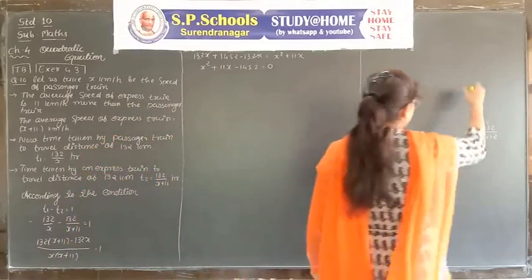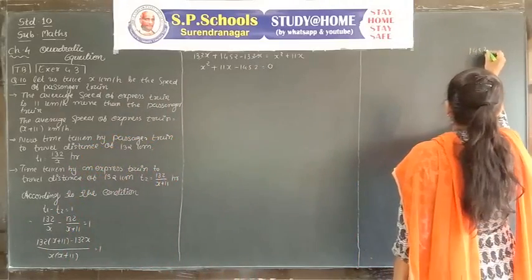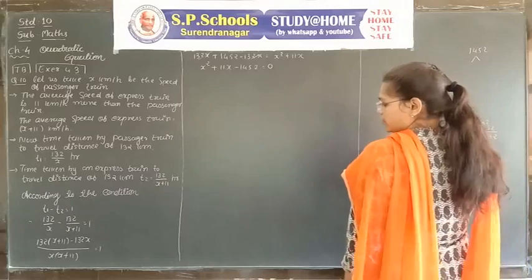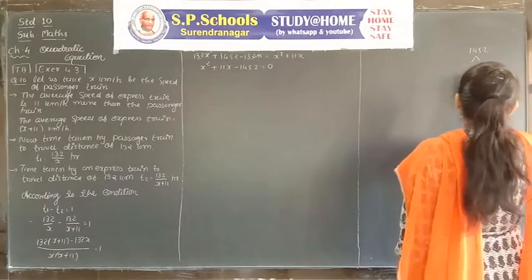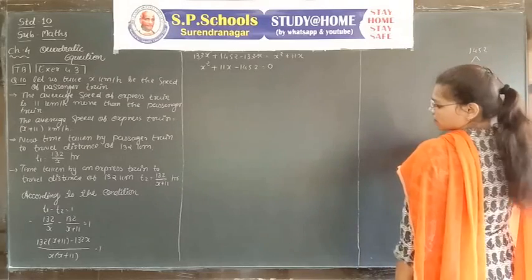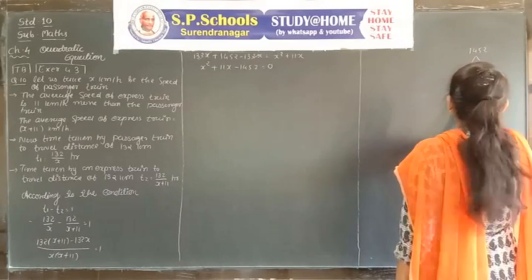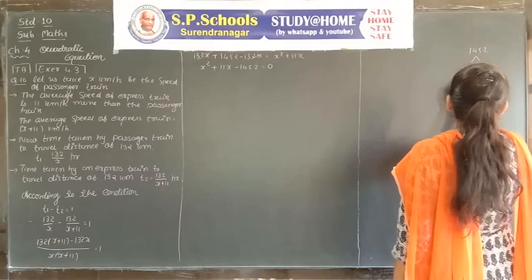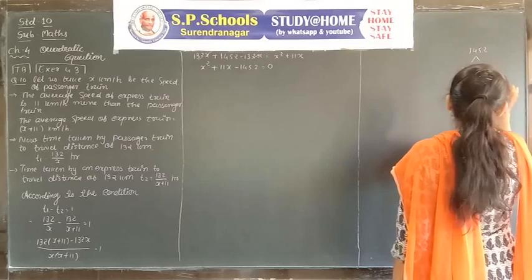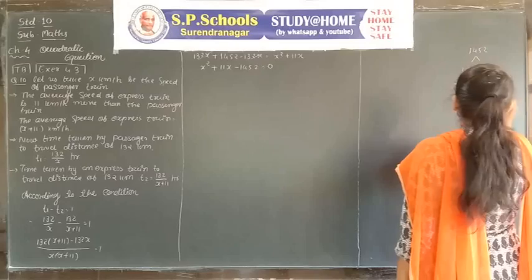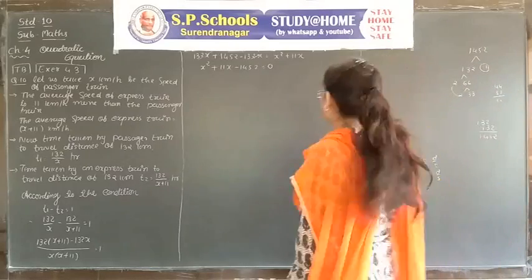Now we find the factors of 1452. The factors of 1452, by subtraction we get 11. One factor is here, 132 into 11, by 2, 2, 2 and 11, 44 and 33. We get 11, 44, 33.